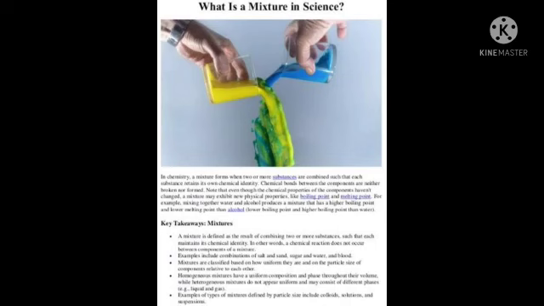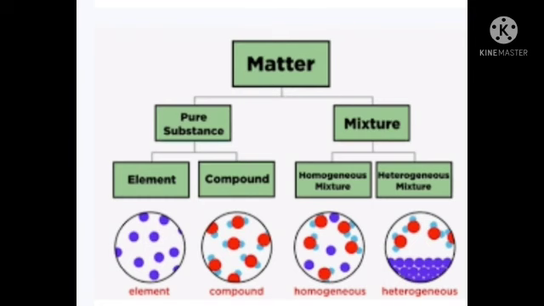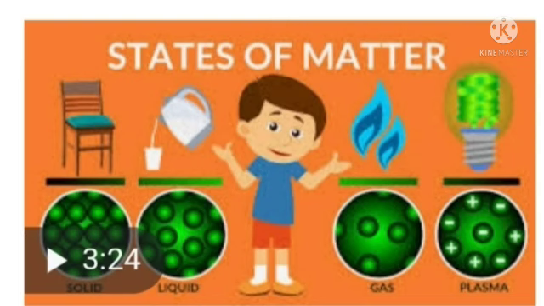So today we are going to learn the same portion, that is chemicals and chemical changes. In that we have learned some topics. So let's recall what we learned before.